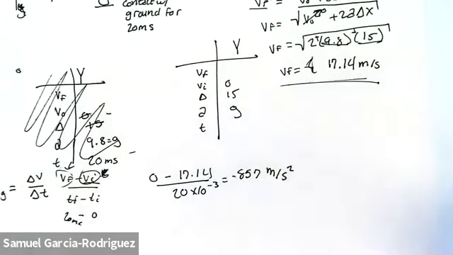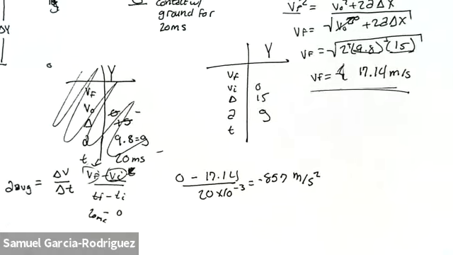Negative, because it's deaccelerating. Does that make sense to everybody in Zoom? Y'all are able to see everything, yeah? How come it's negative? It's because it's deaccelerating. Okay, I don't see any questions, so I'm going to assume y'all got it down.